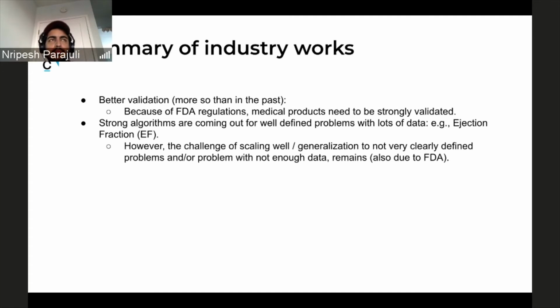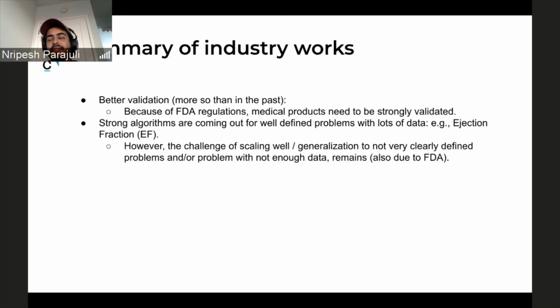It's slightly due to regulatory concern as well. Let's say you develop some algorithm, make a small tweak to it, and generalize that with transfer learning, for instance, and apply it to a slightly different but related problem.